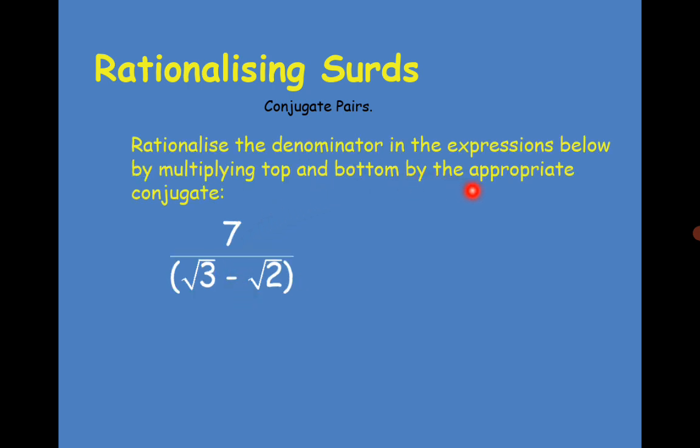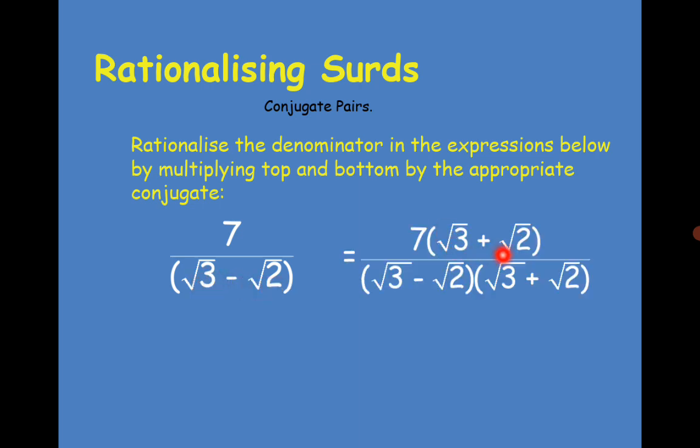Rationalize the denominator in the expression below by multiplying the top and bottom by the appropriate conjugate. So the conjugate of root 3 minus root 2, you just change the sign, it becomes a positive. So the conjugate of this is going to be root 3 plus root 2. Multiplying this out, root 3 times root 3 is just 3.